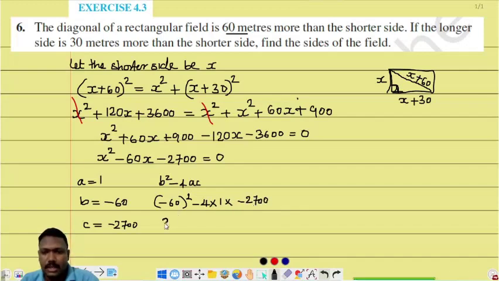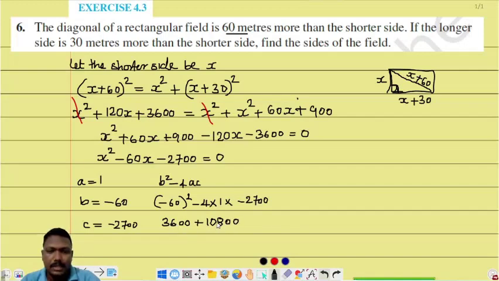So 60 squared is 3600. Minus into minus will be plus 27 into 4. What is 27 into 4? 27 plus 27 is 54, 54 plus 54 will be 108. So 27 into 4 is 108, and two zeros also there, 10,800.